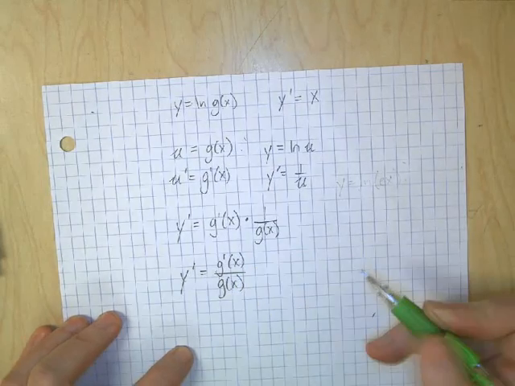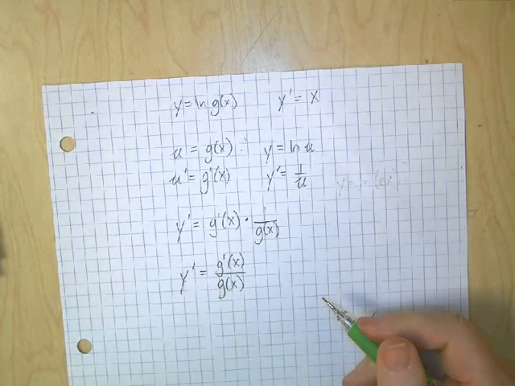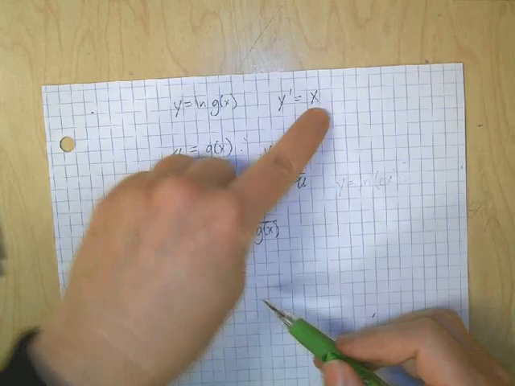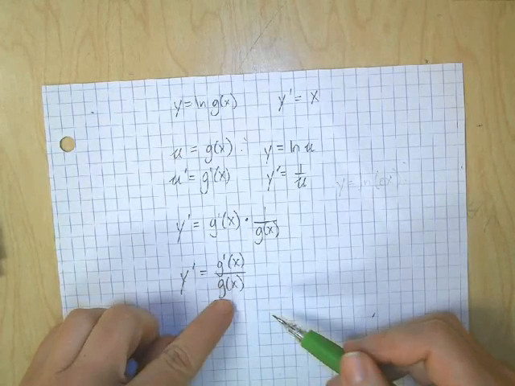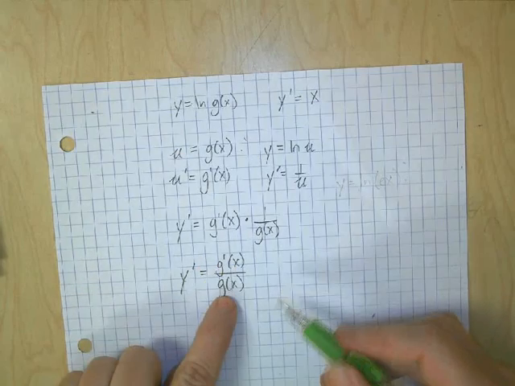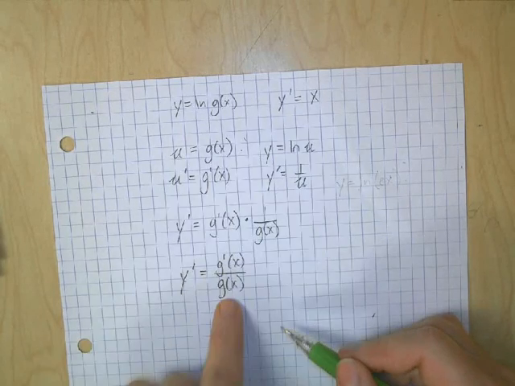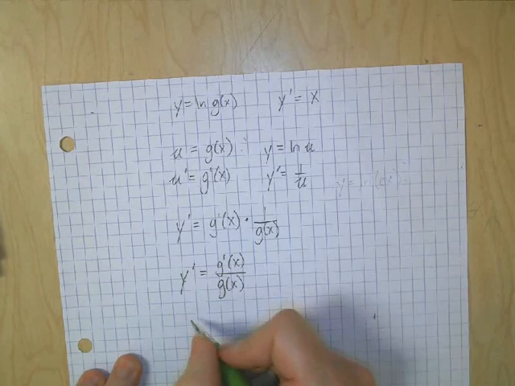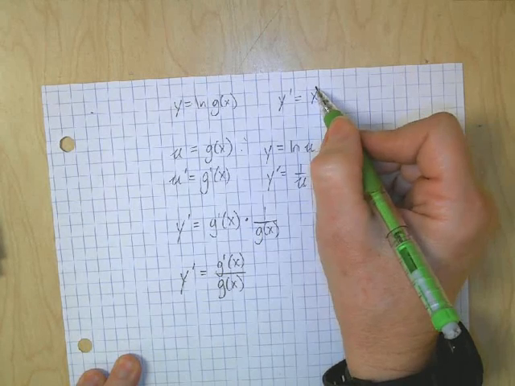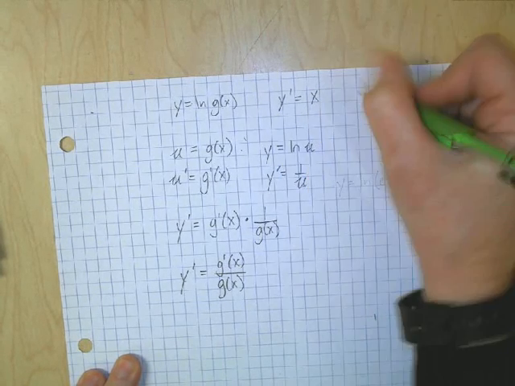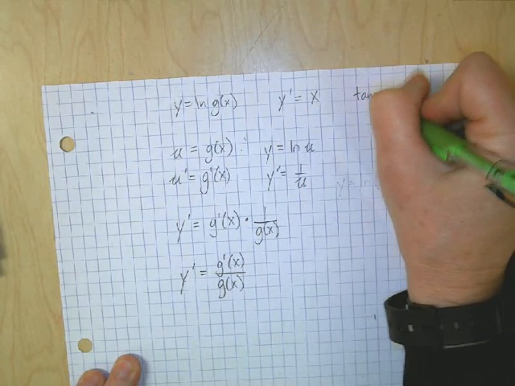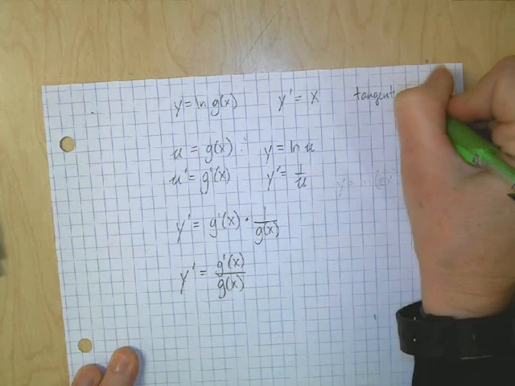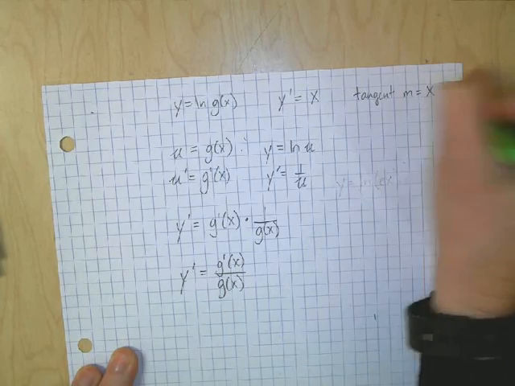All right, but at the beginning I said that is going to have to equal x. So the derivative and the function g of x are going to have to reduce down to x. I know this because of the information that I changed, which said that the tangent has a slope that's equal to whatever the x value is.